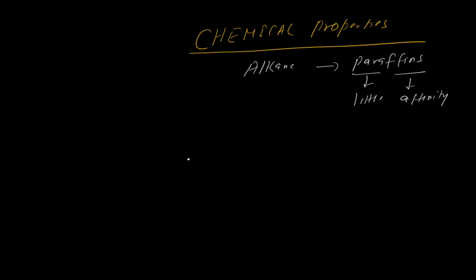Now let's start with the different types of chemical reactions of alkane. The first one is halogenation, which is very important. Halogenation means reaction with halogen.